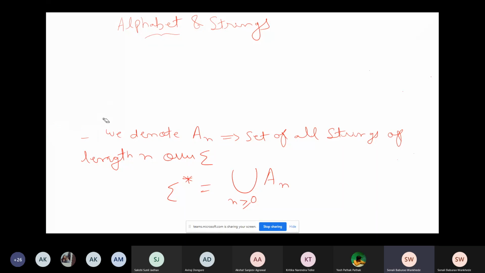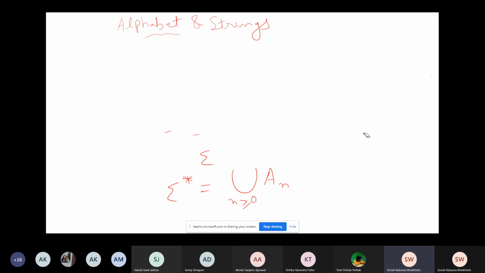Now the sixth rule says that, since An is a finite set, sigma star is a countably infinite set. Similarly, the next rule is the seventh rule.